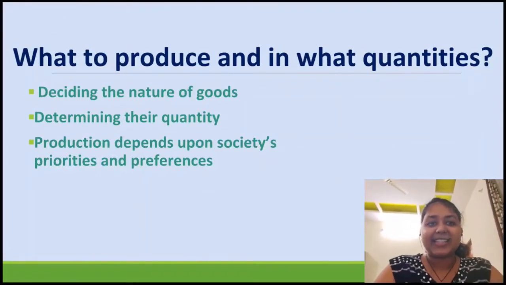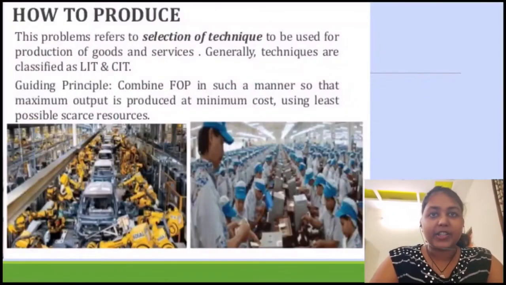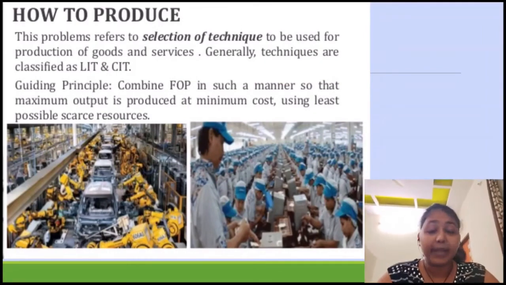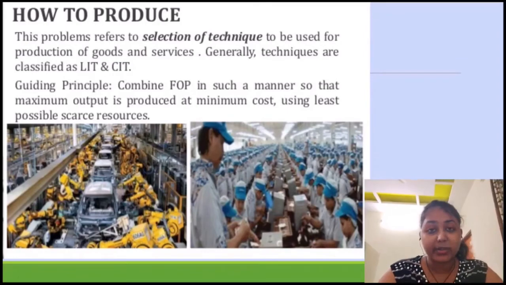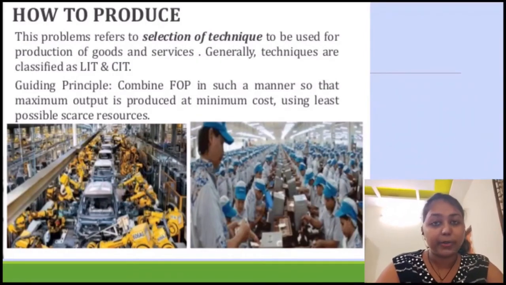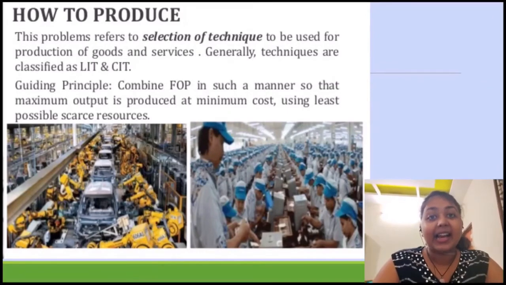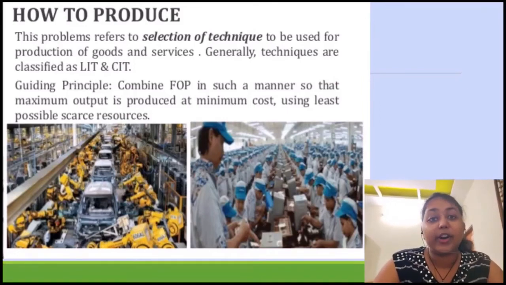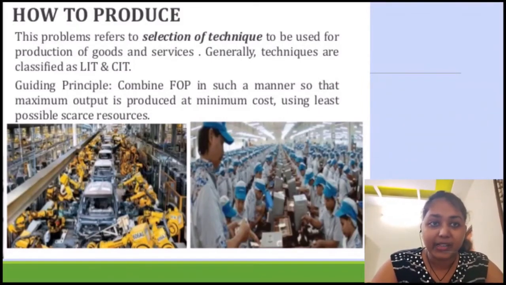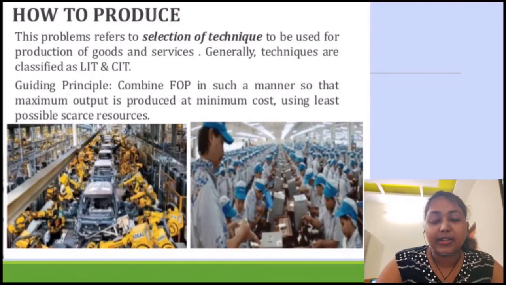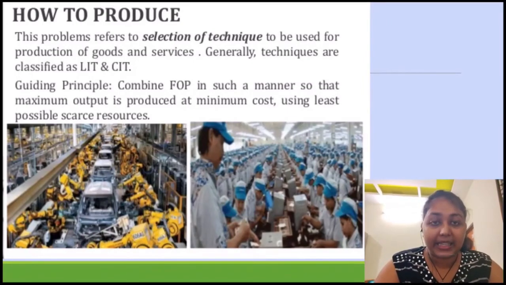Now let's look at our second question, which is how to produce. Obviously it's a big question. Once you decide what to produce and in what quantity, the next question that arises is how to produce it. You have got two choices. First, as you can see here in the picture, using machines, that is also called CIT or capital intensive technique.